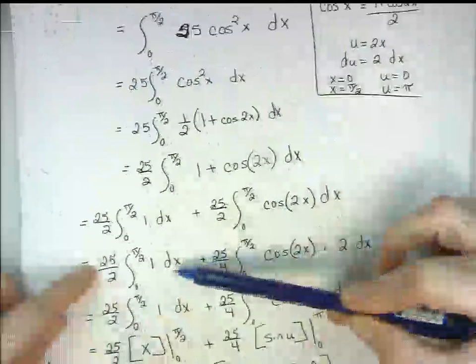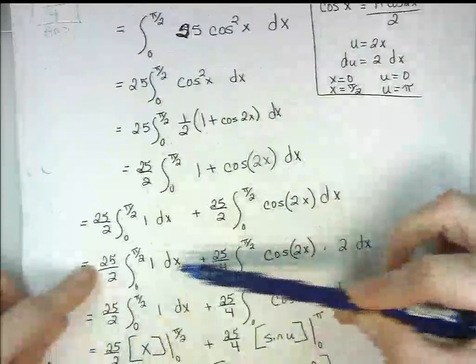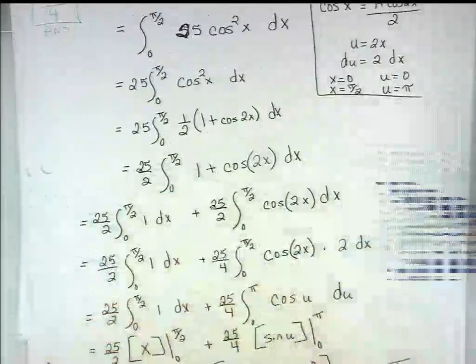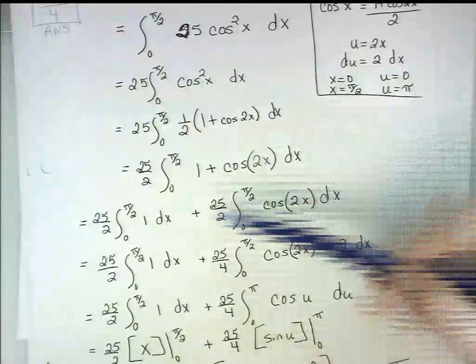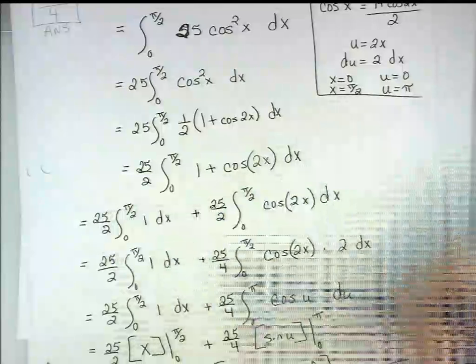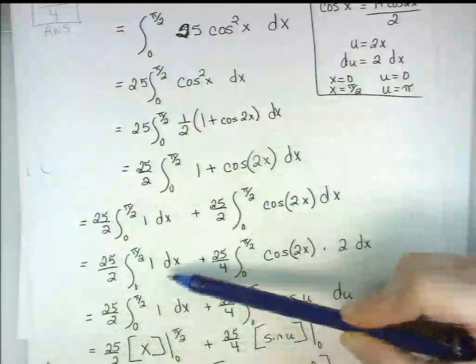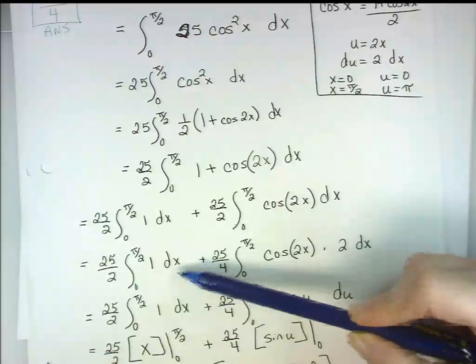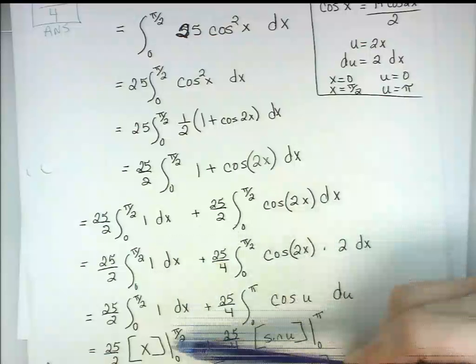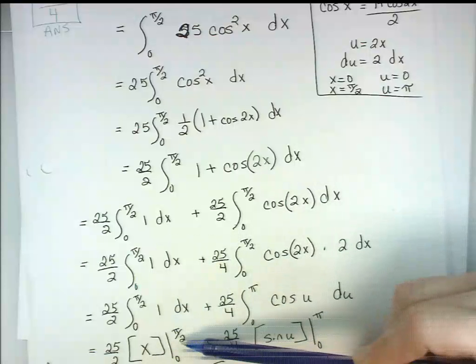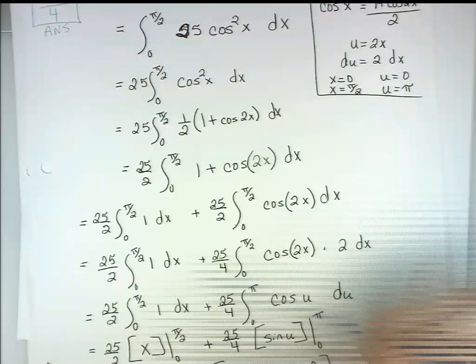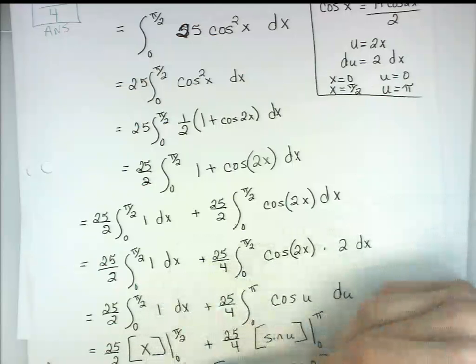The first one will not involve u substitution, but the cosine of 2x has a derivative of 2, so we're still in x the whole time. And the fundamental theorem of calculus gives pi over 2 minus 0.